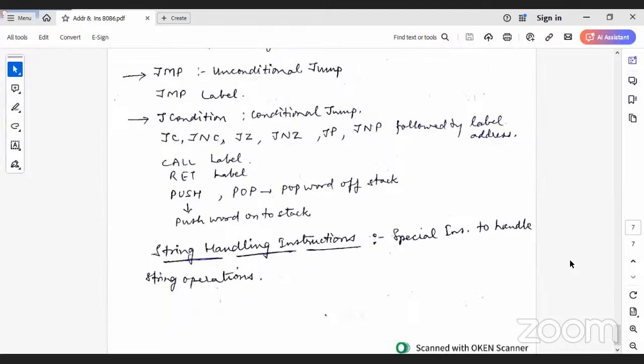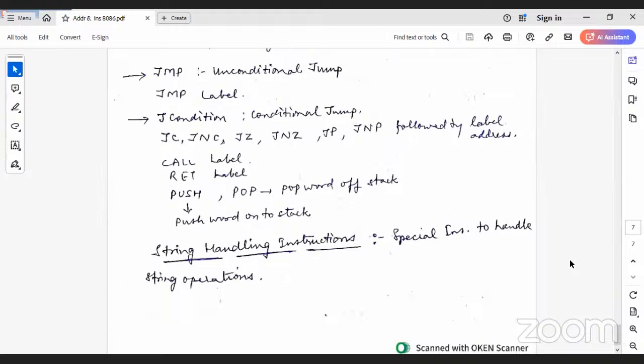Same program only, but only one instruction will change between those two, because the condition there will change. When you say jump on carry, jump if no carry, the flags will be affected.